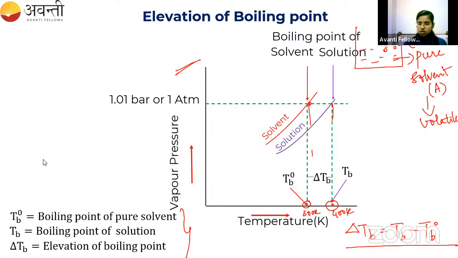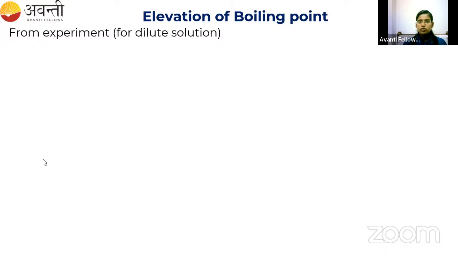TB is the boiling point of the solution, and delta TB is the elevation of boiling point. Now we will see some formulas for this elevation of boiling point, like we have seen for the relative lowering of vapor pressure. From the experiment for dilute solutions, delta TB will be directly proportional to molality.